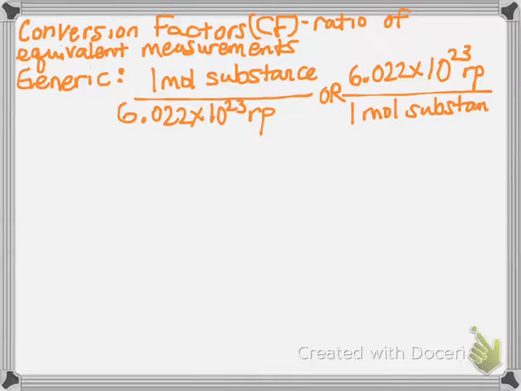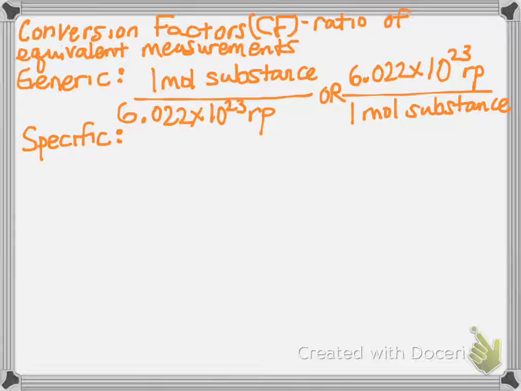Typically, you don't write both, but I want to show you that depending upon whether I need the unit mole in the numerator or denominator to cancel out when I start to do problems, I can put it wherever I need it by flipping this. So this is generic. Most of my chemistry students don't really remember the generic one. They remember the specific ones.